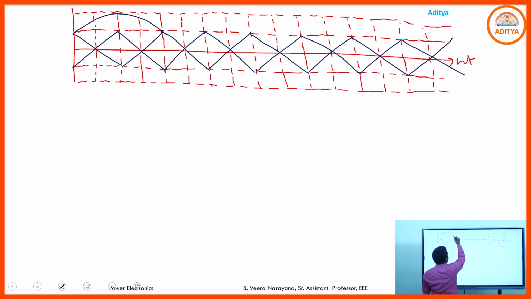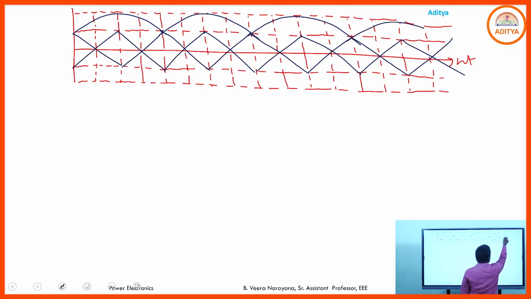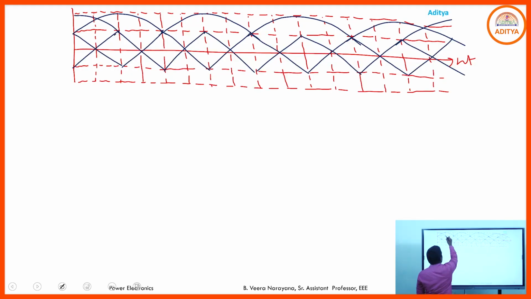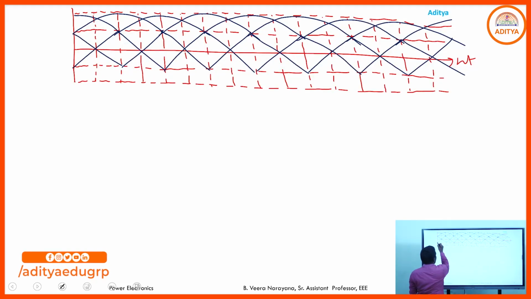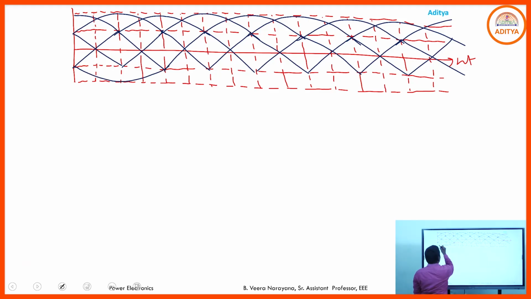And similarly here also, and here also. The remaining one, this one, this one, and the bottom side also, alternative peaks you add.